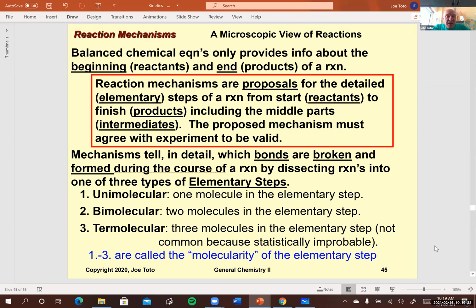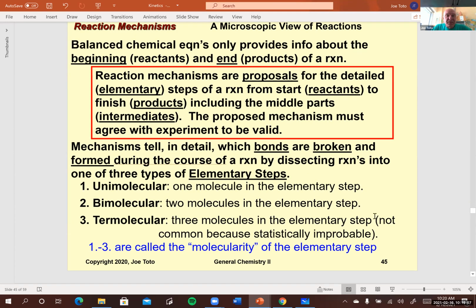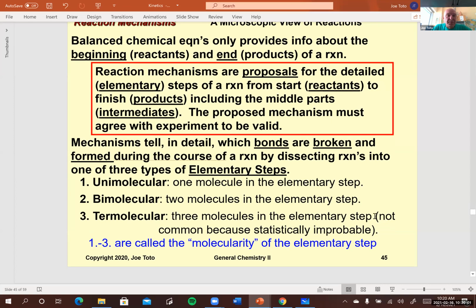And now just remember, you have to have three molecules or atoms, not only colliding together, but colliding in the correct orientation. What are the odds of that happening? Very little. So termolecular is not used very often, and anything higher than that is even crazier. So there's our definitions of the three different steps.